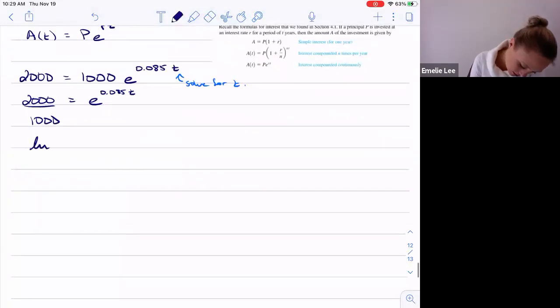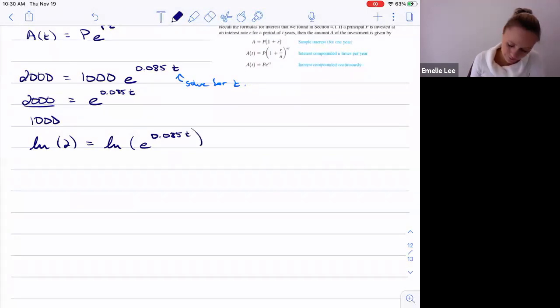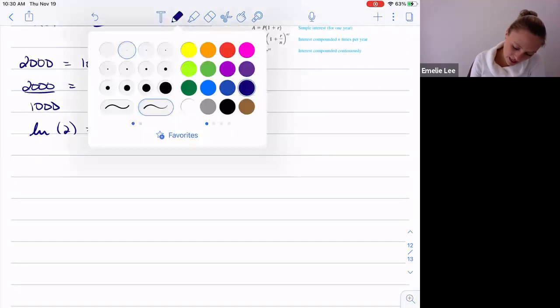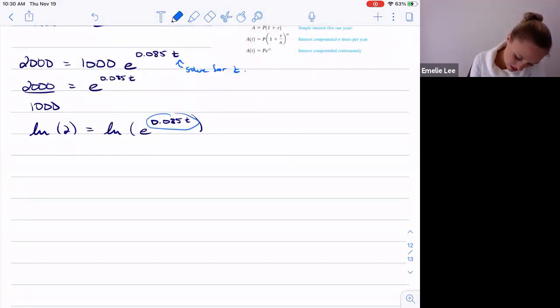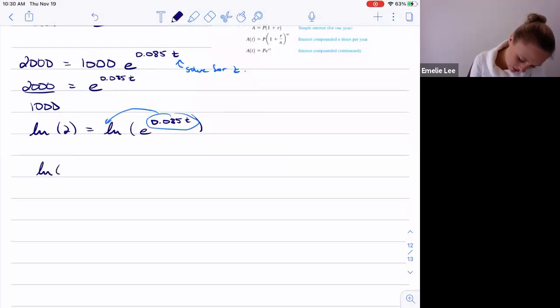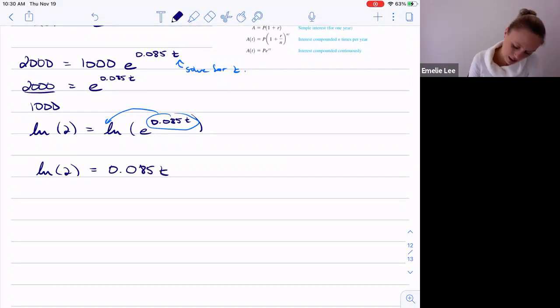So the natural log of 2 is the natural log of e to the 0.085t. The exponent comes down, and the natural log of e is just 1. So I get the natural log of 2 is 0.085t.